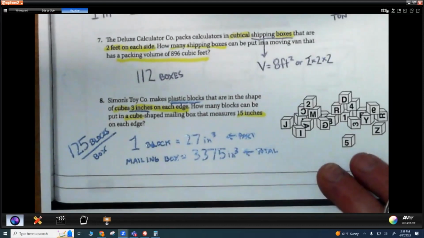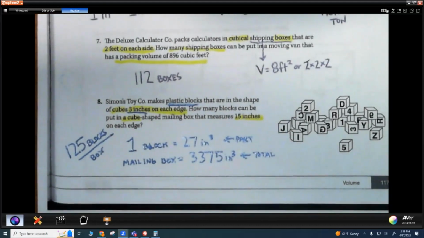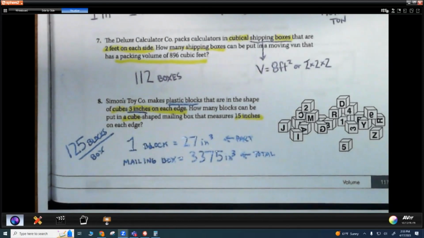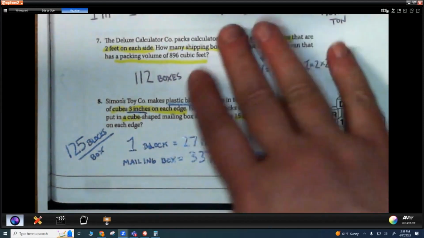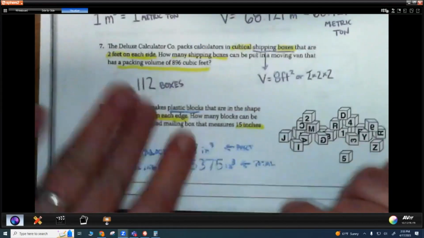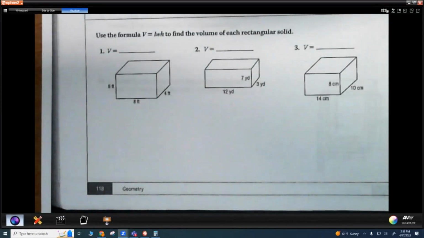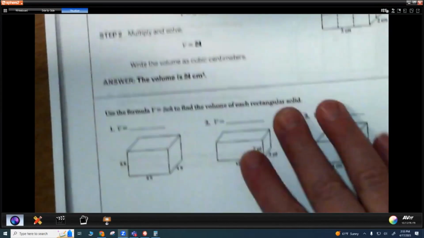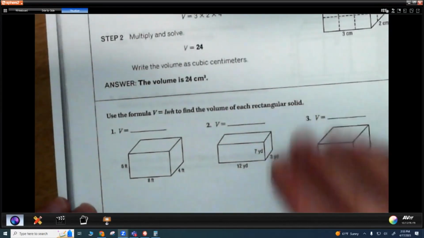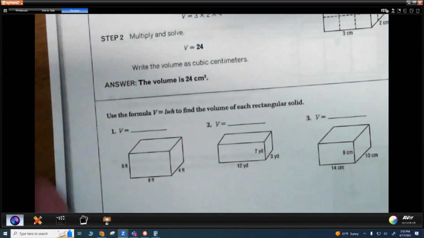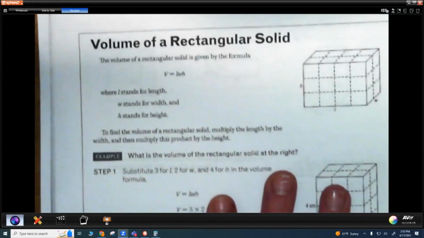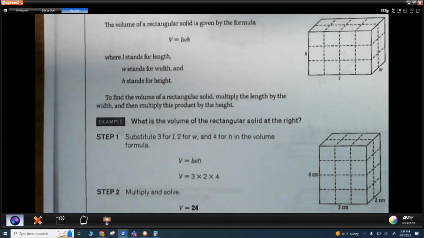Is everyone feeling good about these problems? Knowing what to do? Good. Definitely pretty common. All right, so the next page is breaking down our rectangular solid, prism, box again. Hopefully everyone's feeling good about that.